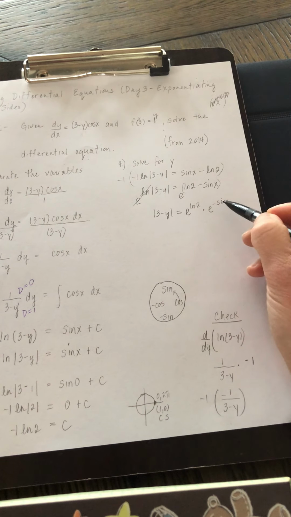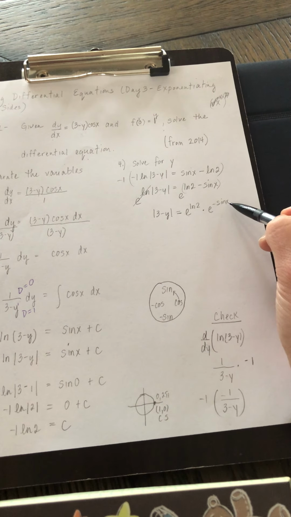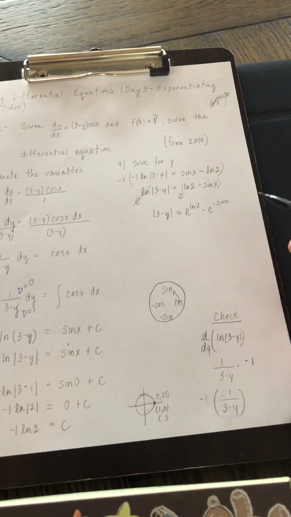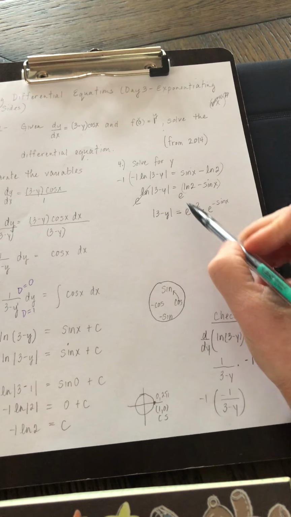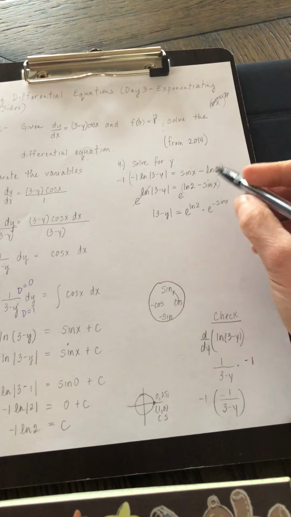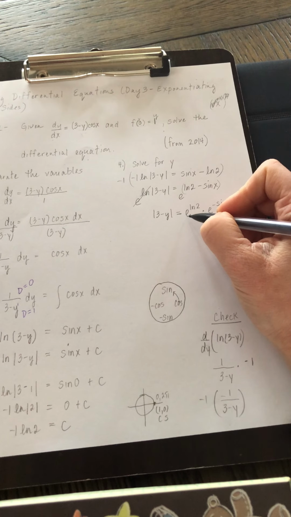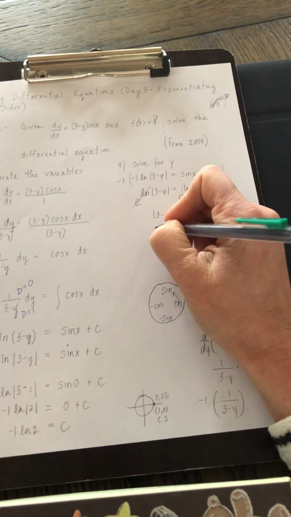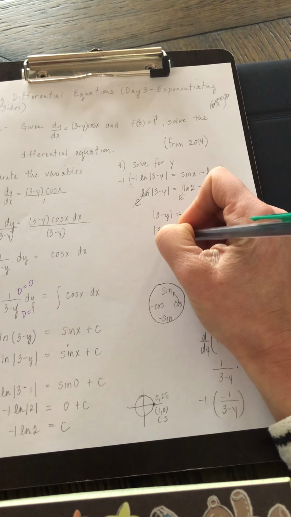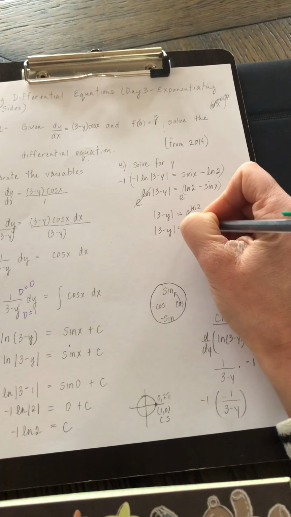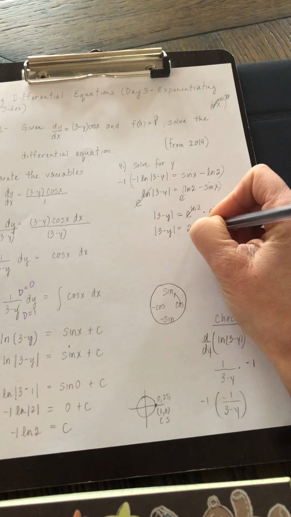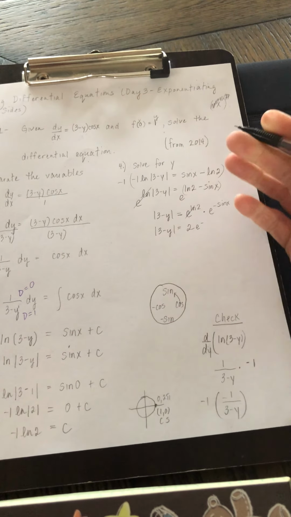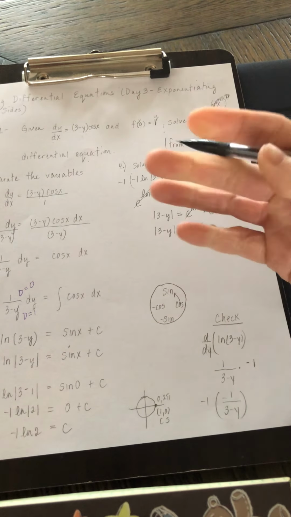So I didn't do anything wrong here. I just rewrote this another way. And maybe you can see why I did that: we have another situation over here where we have e to the ln, right? So this really is just 2. No longer an exponent, it becomes the coefficient of e to the negative sine of x.